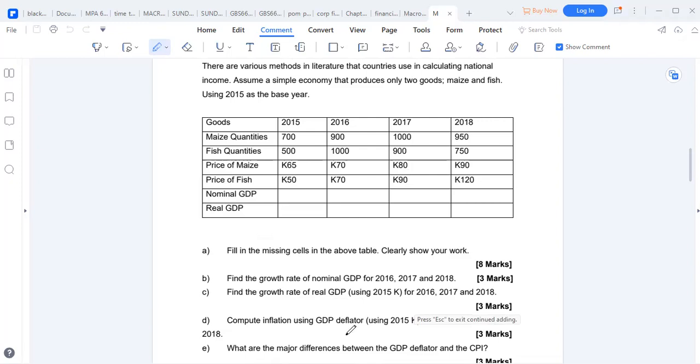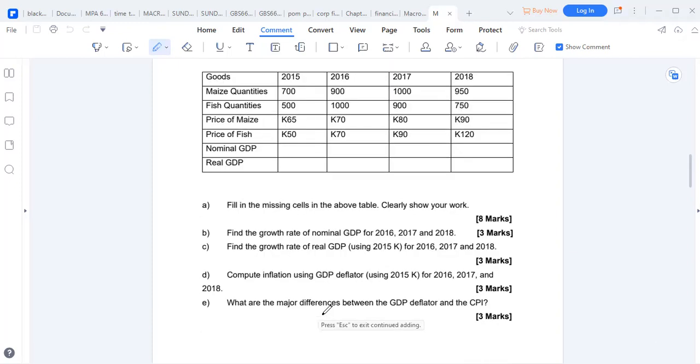Then compute the inflation using the GDP deflator, using 2015 for 2016, 2017, and 2018. And then the major differences between the GDP deflator and the consumer price index.